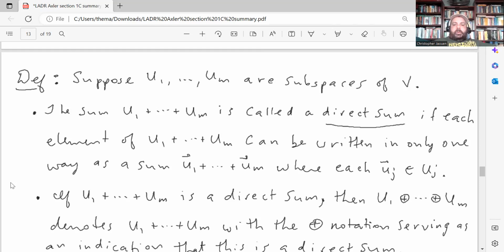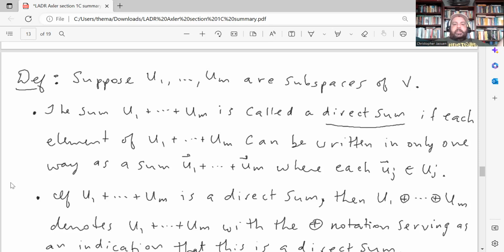In a way, you can think of direct sum as being analogous to disjoint sets in set theory, or it's like the closest you can get to disjoint subspaces in a vector space. You can never get subspaces that are disjoint, and that's because each of them has to have the additive identity in it.